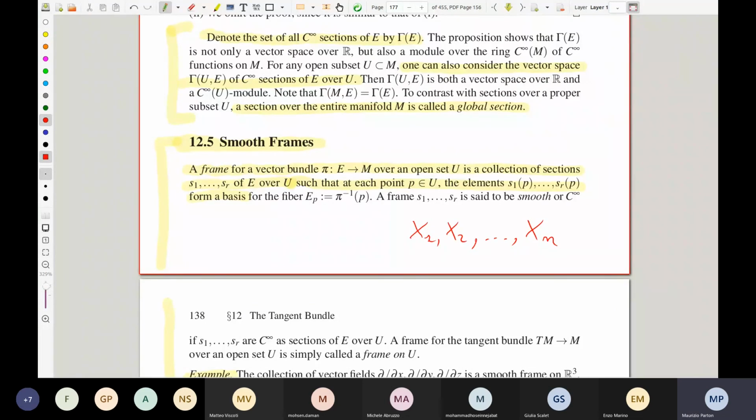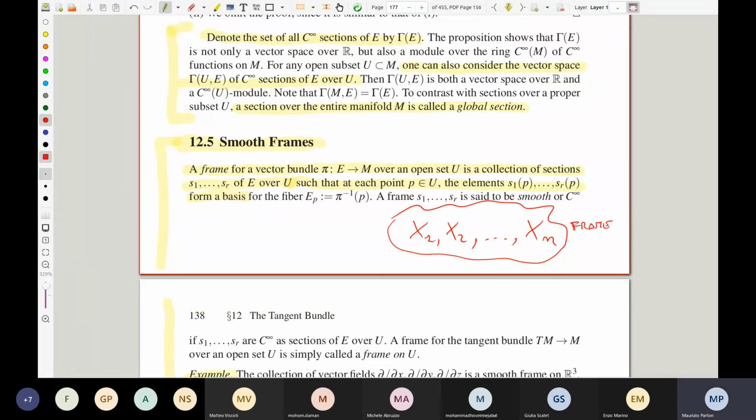Then you can ask, are these vector fields everywhere linearly independent? If they are, you can say that these vector fields generate the tangent bundle, and in this case you would say that these vector fields are a frame. Frame means a basis, but one which is moving in some sense, because you have a different basis over each point.